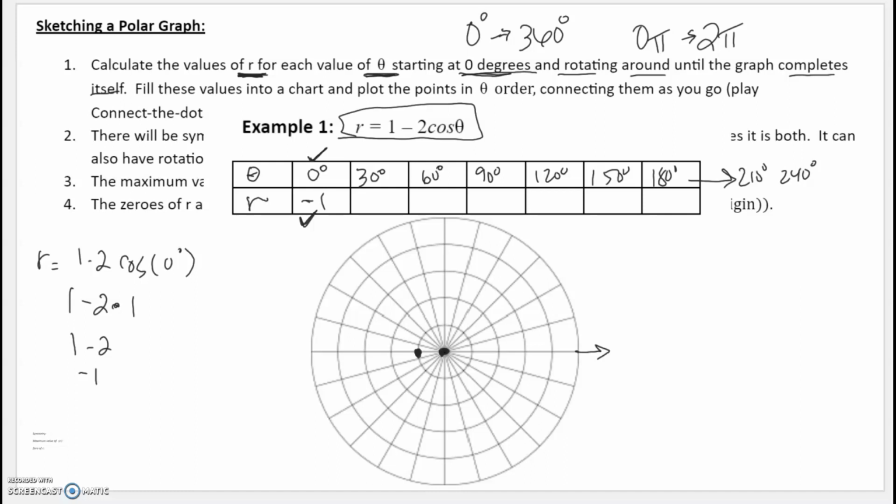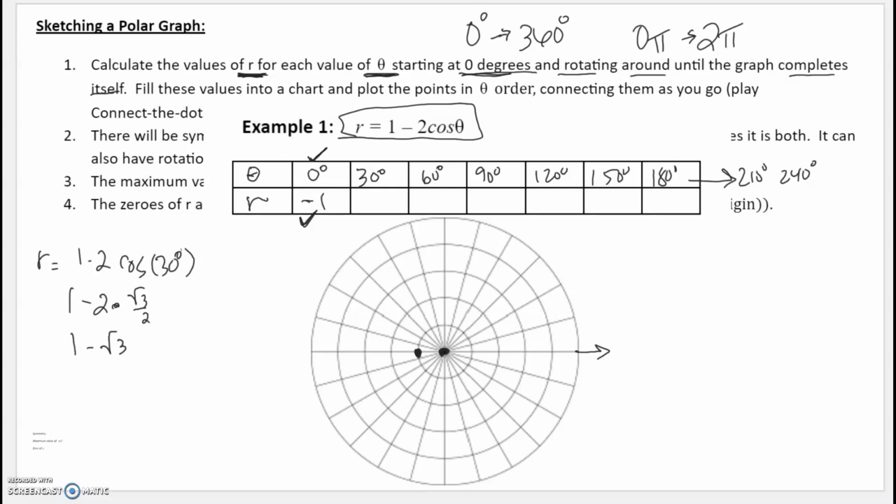All right, next one, I'm going to go with 30 degrees. Cosine of 30 degrees is root 3 over 2. Negative 2 times that is going to be negative root 3. So 1 minus root 3.